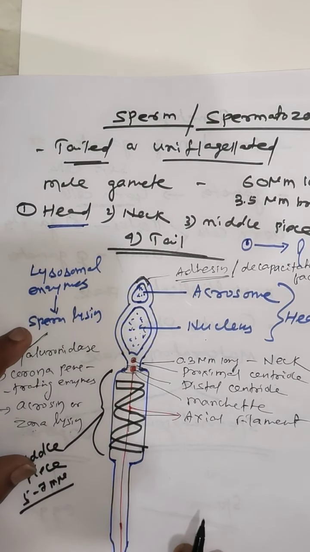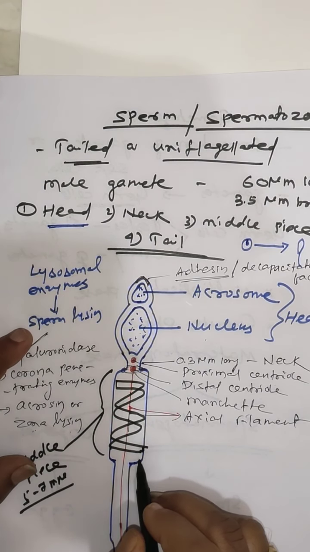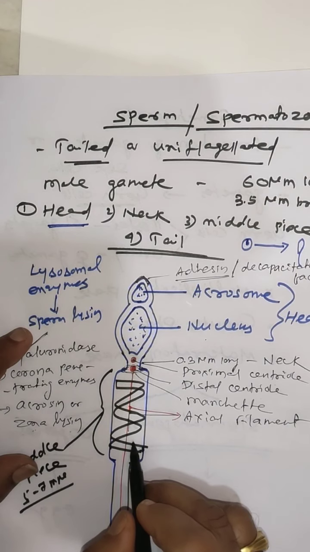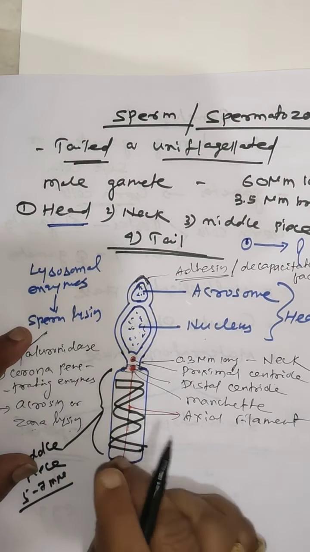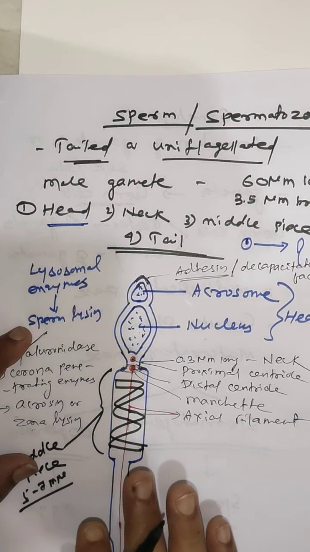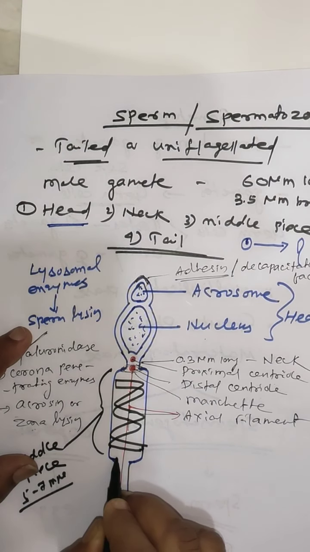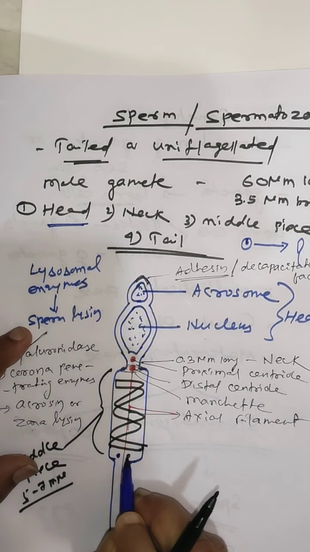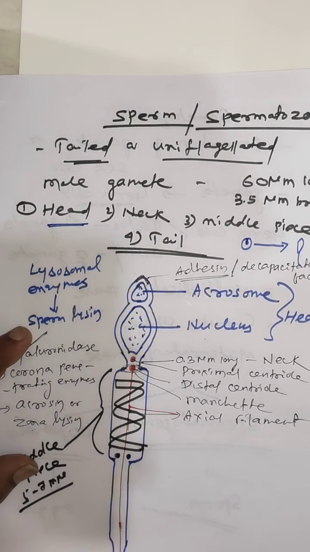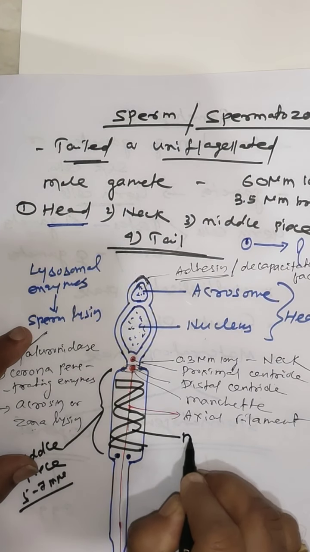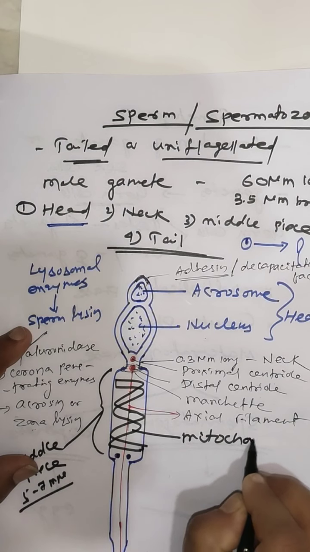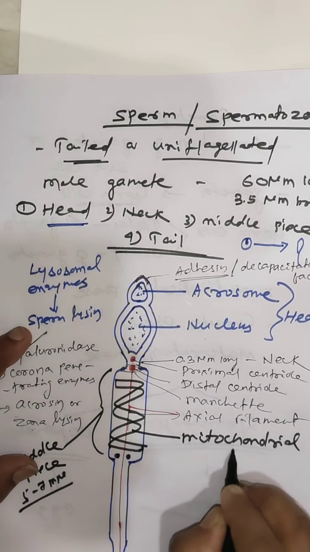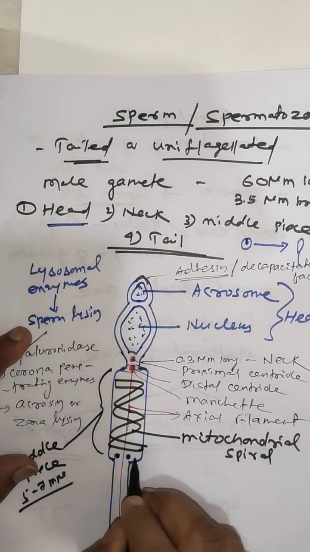A sheath of cytoplasm and plasma lies on the outside of the mitochondrial spiral. The reserve food is limited. The mitochondrial activity helps in providing energy. At the distal end, the ring centriole or annulus is found.